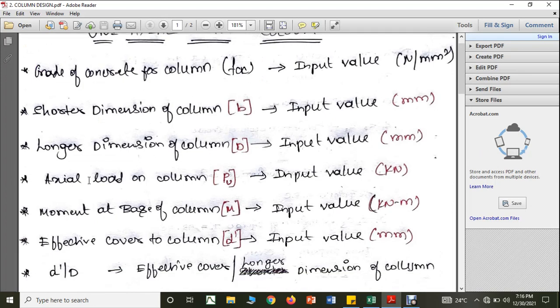Next is axial load on the column. That is also an input value. Usually we give it in kilonewton.